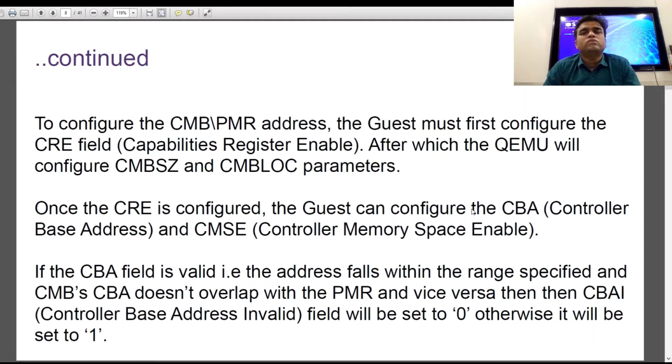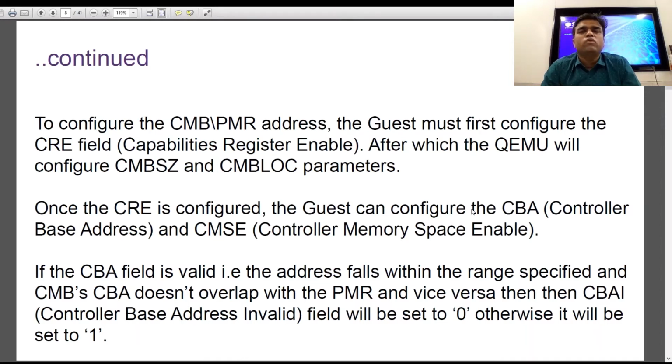So now let's talk about how the guest driver can configure these addresses. As I mentioned earlier, there's a CMBMSC field, which is part of 0x50 for CMB, and similarly we have a PMRMSC field as well. Under that we have one field called the CRE field, that is capabilities registers enable. This will enable the CMB size and CMB location parameters.